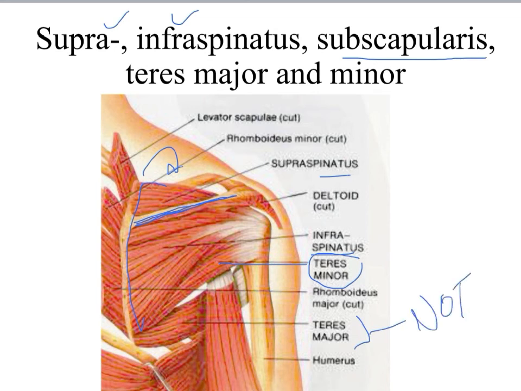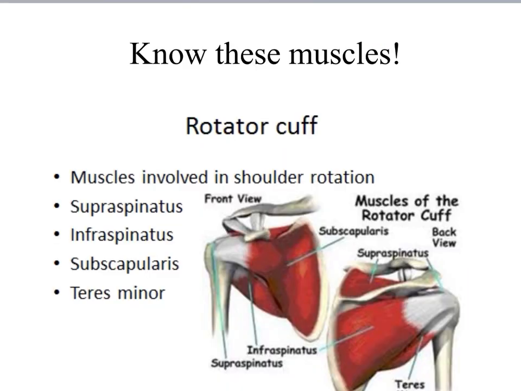So your rotator cuff muscles are your supraspinatus, infraspinatus, subscapularis, and teres minor. So make sure you know those. But you need to be able to localize all five of these muscles on models and diagrams for the exams. So here again is your list, and this picture is showing the ventral side of the scapula, showing your subscapularis.